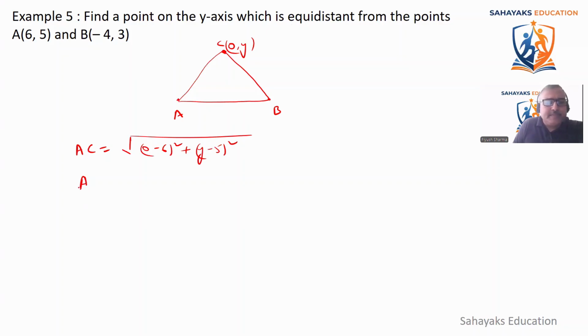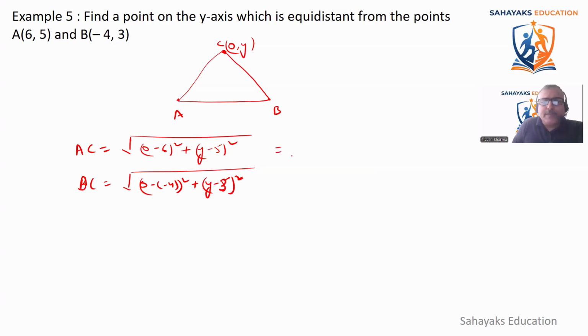And what is BC? BC is equal to square root of 0 minus minus 4 whole square plus y minus 3 whole square.